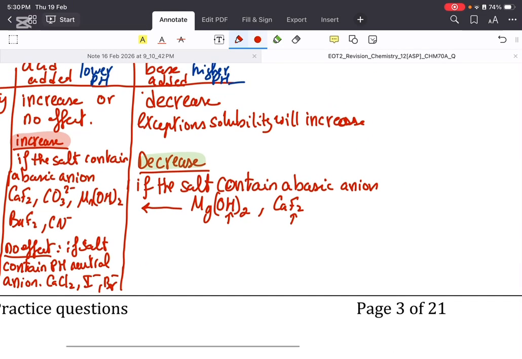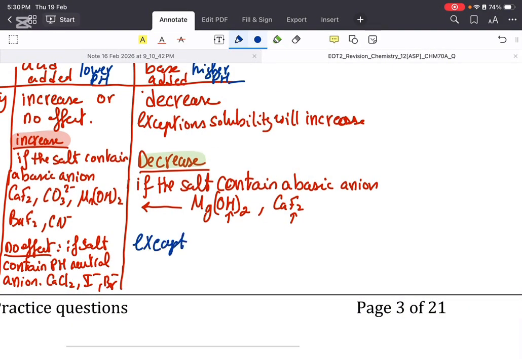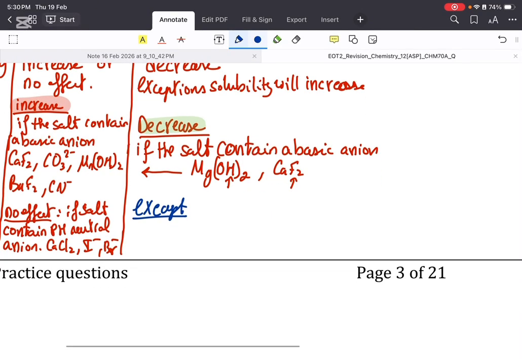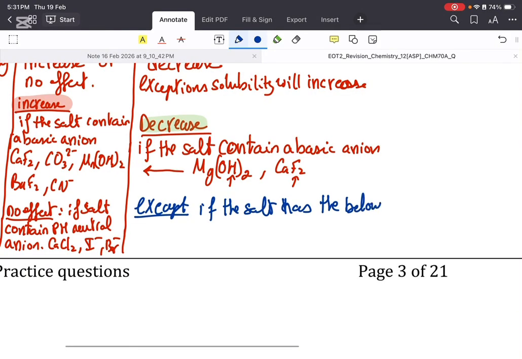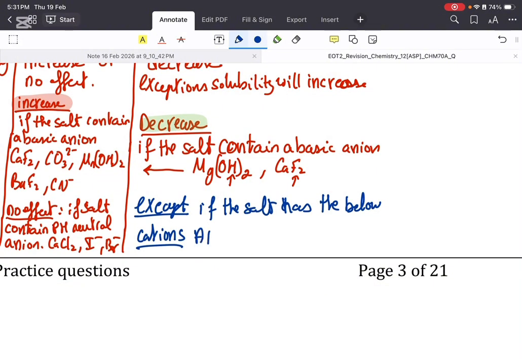Now, what are the exceptional cases? What happens if the salt has the specific cations below in it, like aluminium, I'm talking about aluminium hydroxide, or zinc cation, or lead, or chromium.